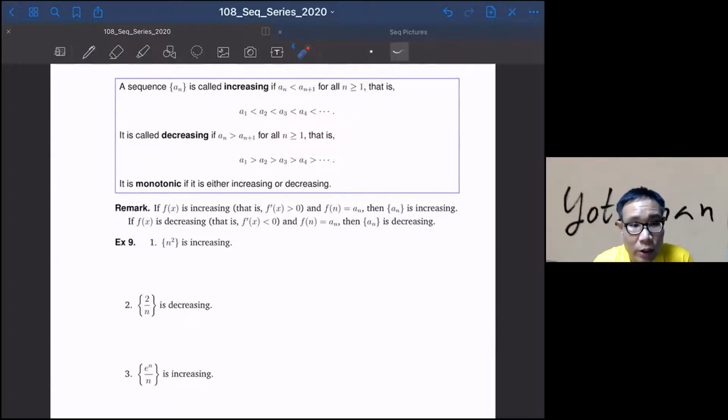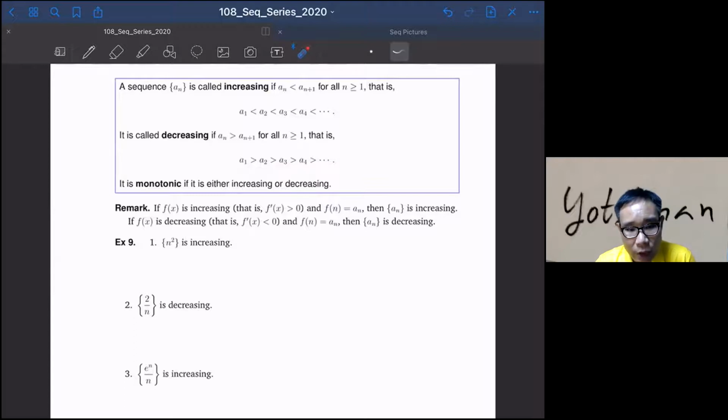This is called an increasing sequence. A sequence is decreasing when it's the opposite: the previous term is more than the next term, so A1 more than A2, A2 more than A3, A3 more than A4, and so on. When a sequence is increasing or decreasing, it's also called monotonic. Monotonic means either increasing or decreasing.